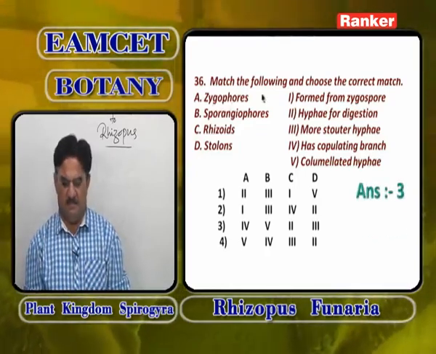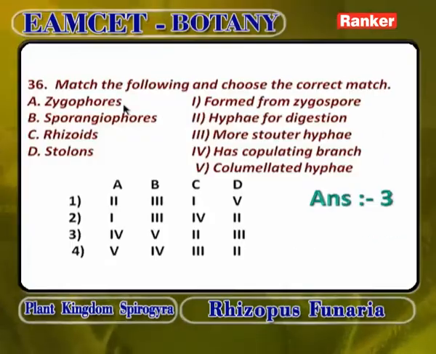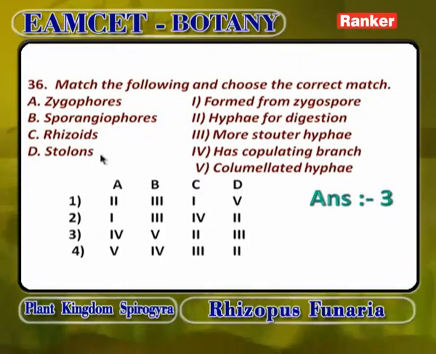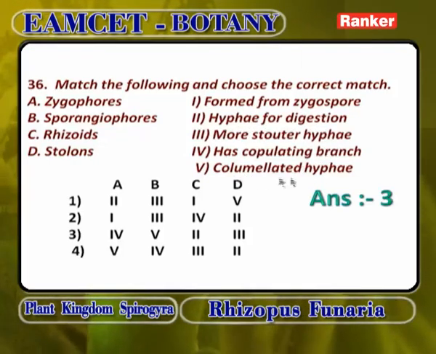Now it is a matching. Match the following and choose the correct option. Zygophore, sporangiophore, rhizoids, stolons; formed from zygospore, hyphae for digestion, more stouter hyphae, has copulating branch, columellated hyphae. A is 4, has copulating branches, because zygophore forms copulating branches. B5, sporangiophore is columellated hyphae.